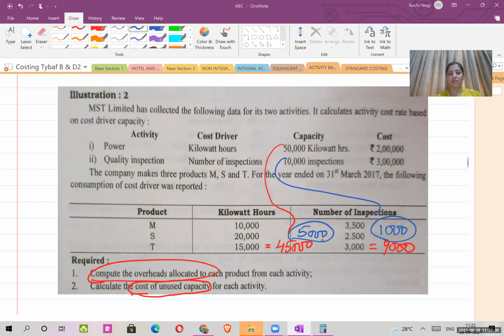Yeah? Yeah, just acknowledge it in the chat box. Okay, fine. So we are just going one step ahead. We are also going to calculate the unused capacity. अभी तक हमने ऐसा सम नहीं लिया था जहाँ पे unused capacity भी हम calculate करते थे. Generally हमारा जो given capacity था और used capacity दोनों same ही था. Okay. Thank you.